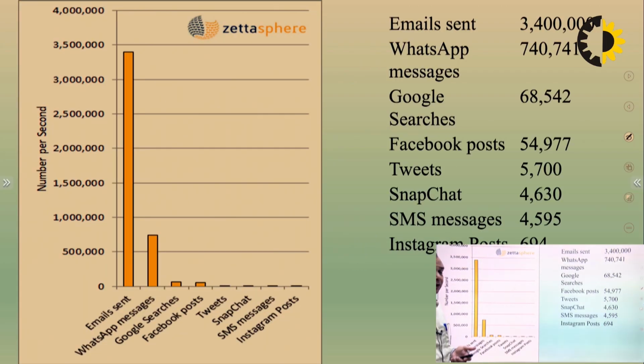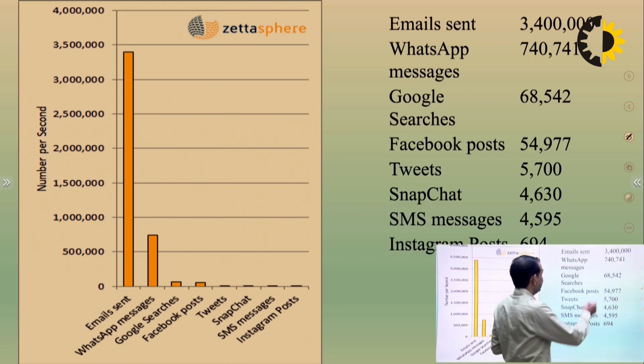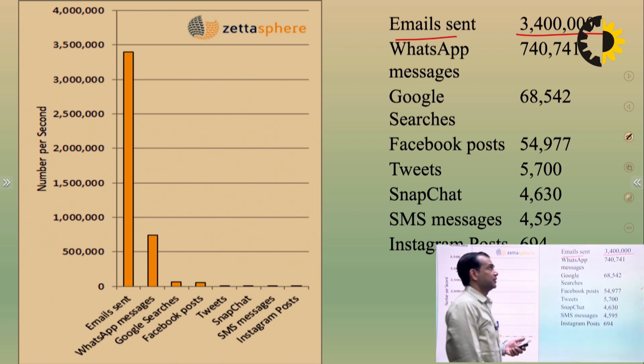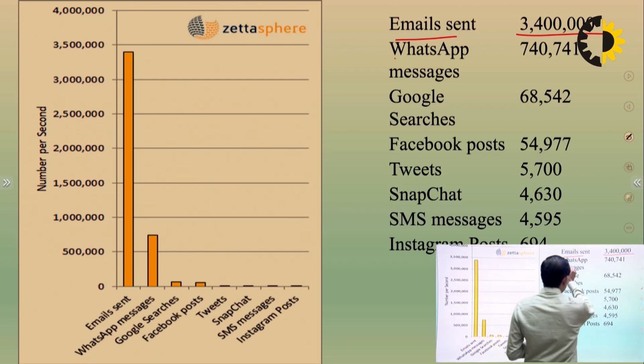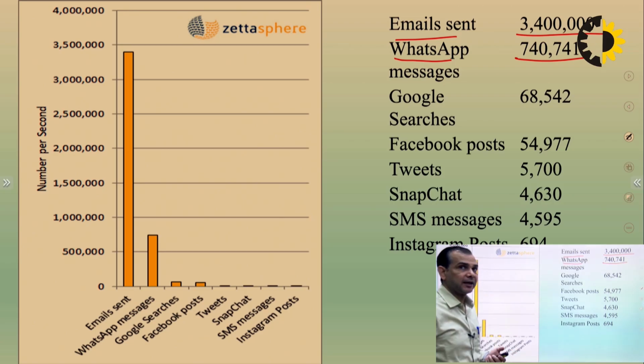If we show this in a diagram, talking about email, in a survey we found that around 34 lakh emails are sent every day. On WhatsApp, around 740471 messages are sent every day.